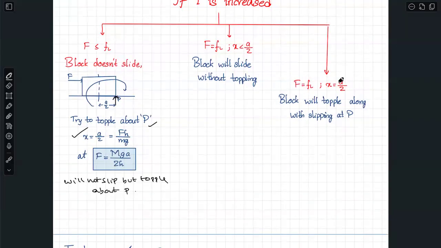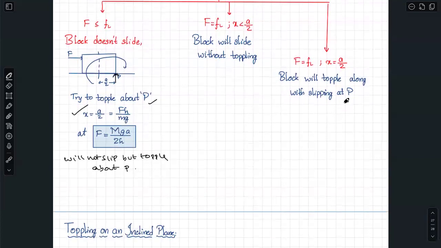Both happen simultaneously. It will topple with slipping. So first case, toppling without slipping. Second case, slipping without toppling. Third case, toppling along with slipping. That's the case. Any doubts?